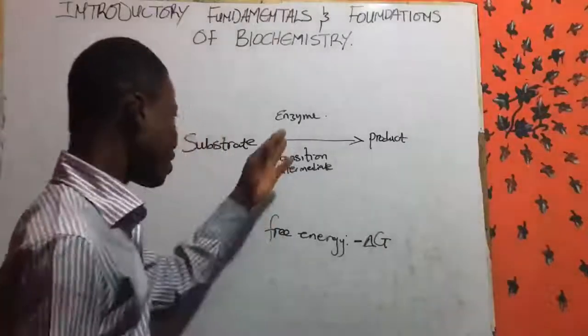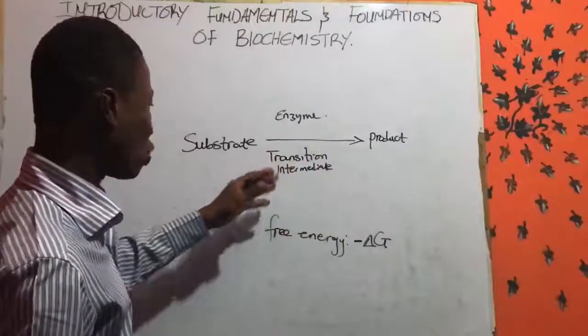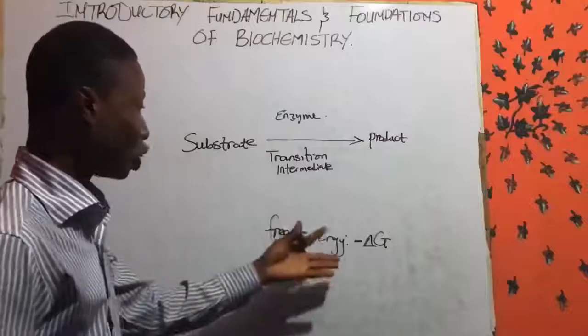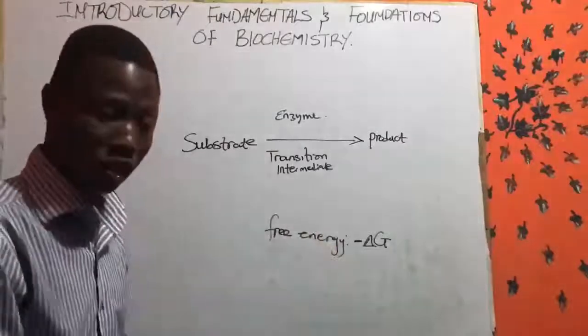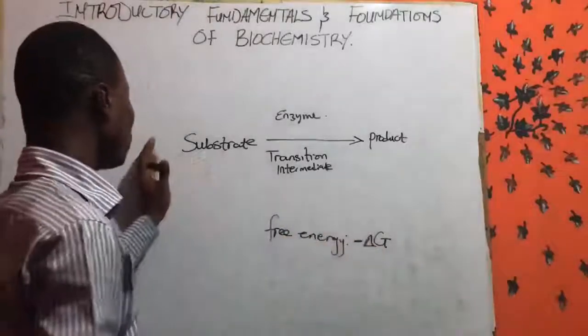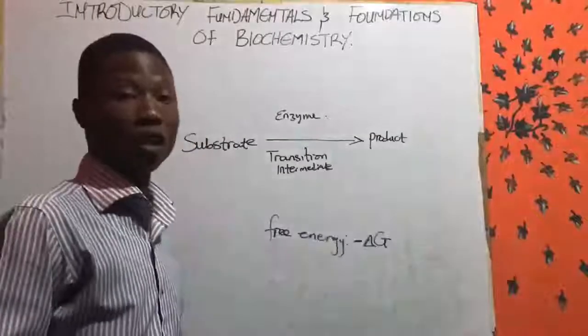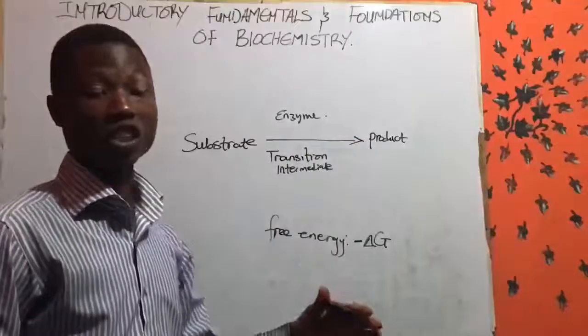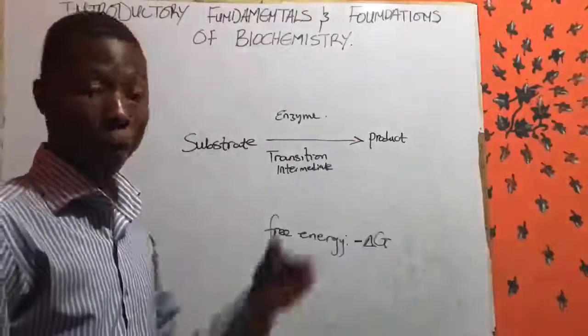Alright, so the binding of enzyme to the transition state will yield free energy, and the cell will then use the free energy to drive this reaction to spontaneity, or to drive it in such a favorable manner.